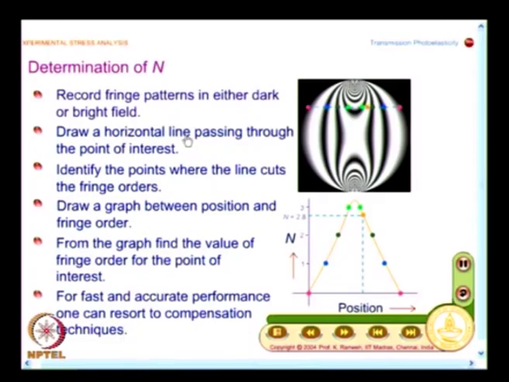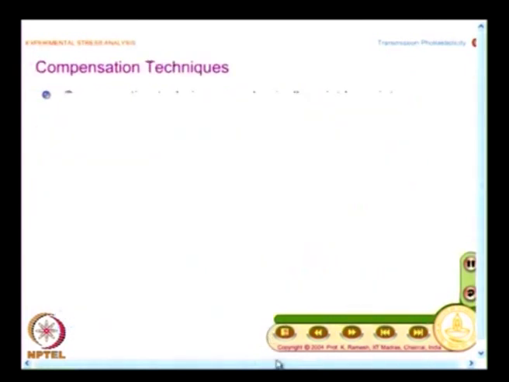So, one simple approach is plot a graph and then do it, and if you want to improve the performance and also improve the accuracy, you have to resort to what are known as compensation techniques, and we will see what are compensation techniques.